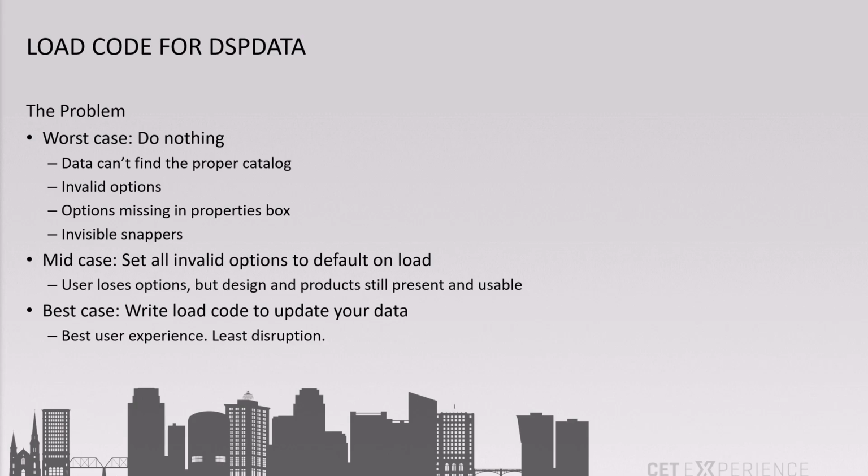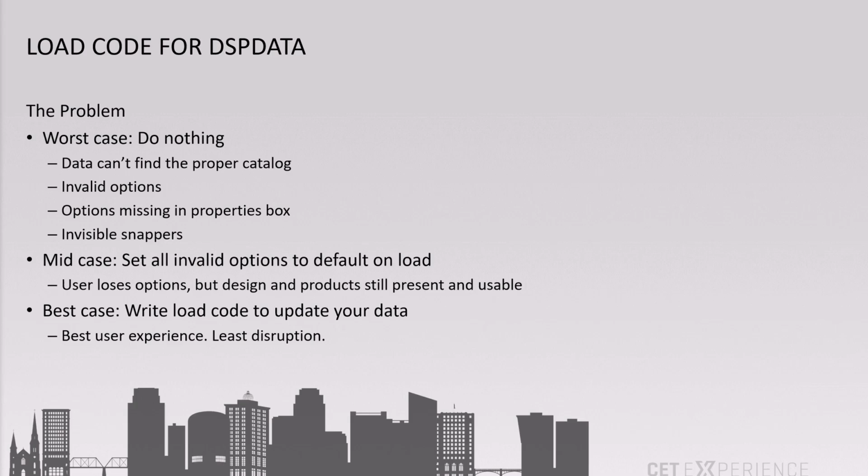Or, hey, this one was removed, we'll set it to the default or set it to the replacement, because we have manufacturer suggestions for a replacement option. Or this product had this part number and now it's been renamed to this part number. Lots of different cases. We're going to go over them in a minute, but basically we want to create as little disruption and as few changes since the user last opened the drawing as we can.